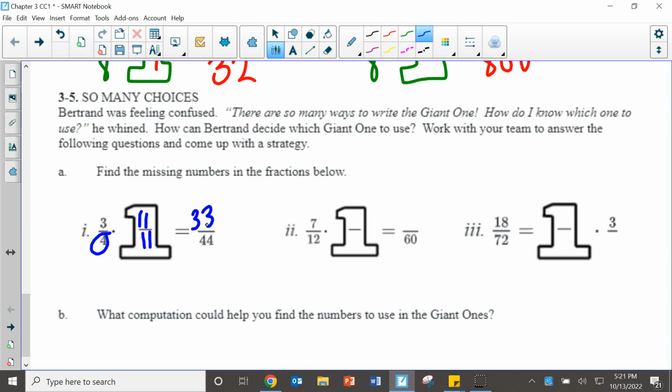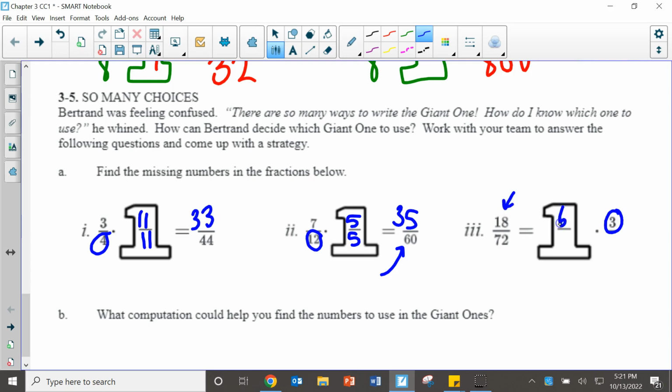Okay, so again, you had to think about what times 12 gave me 60. Oh, well, that's 5. What I do to the bottom, I do to the top. 7 times 5, 35. Okay, same thing here. They just wrote it backwards. Same concept. What did I multiply 3 by to get 18?